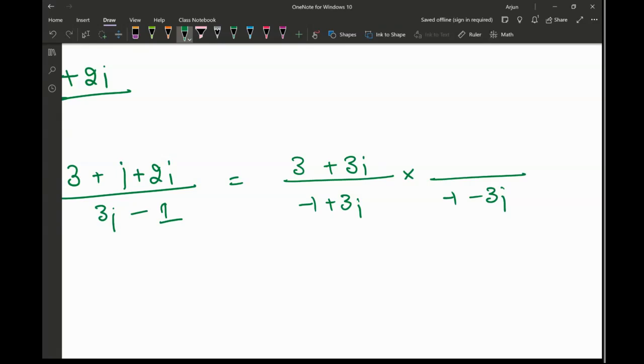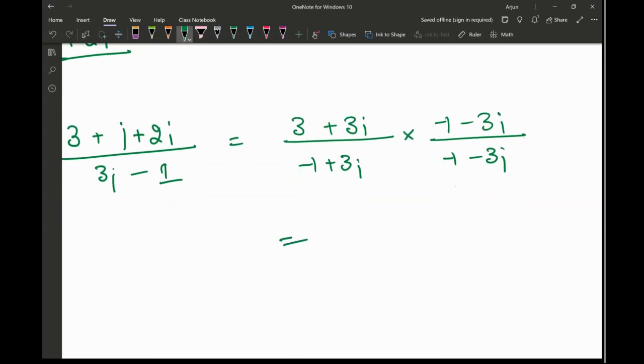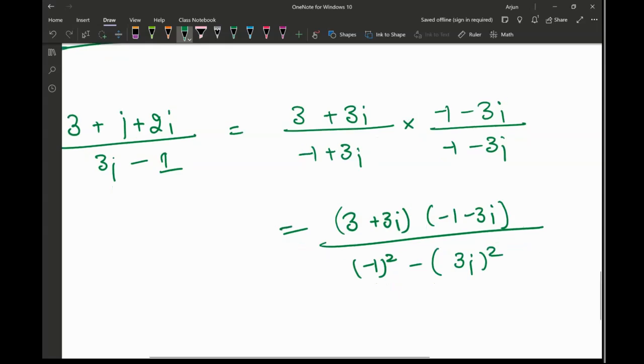No imaginary part should stay in the denominator. So now this will become minus 1 minus 3j, and then I will just multiply these terms, 3 plus 3j and minus 1 minus 3j, and on the bottom minus 1 square minus 3j square.